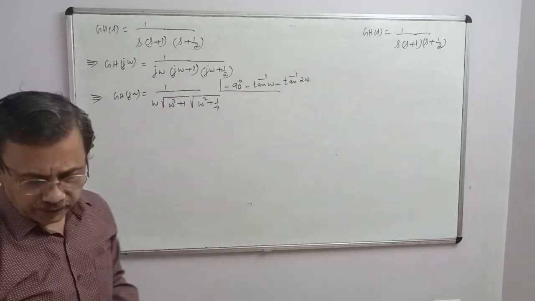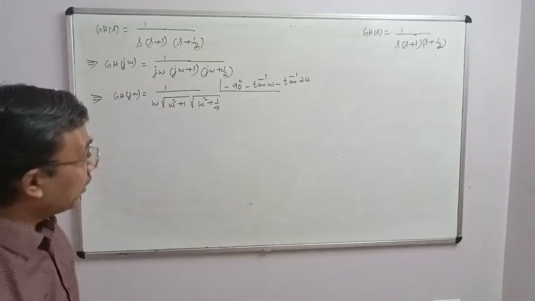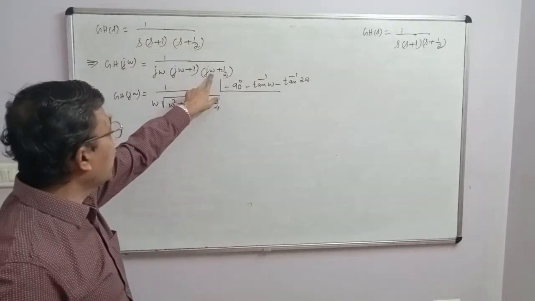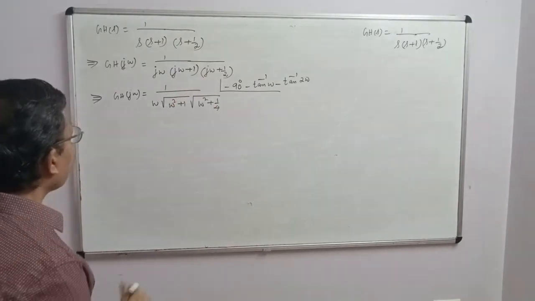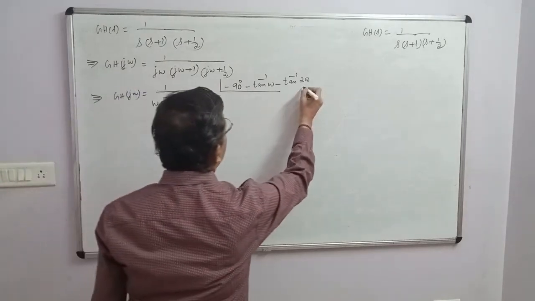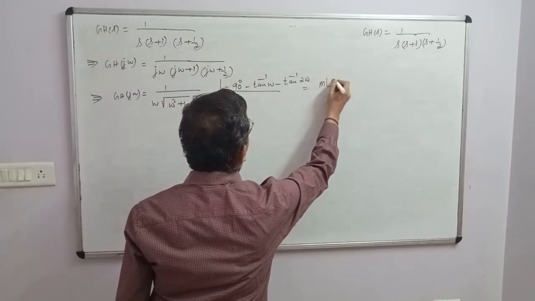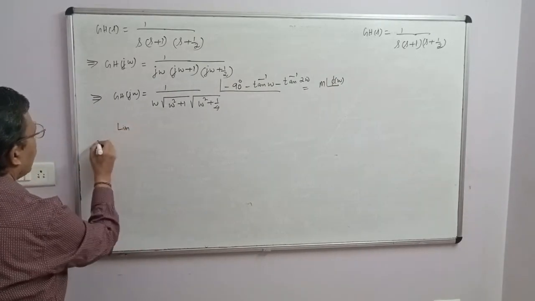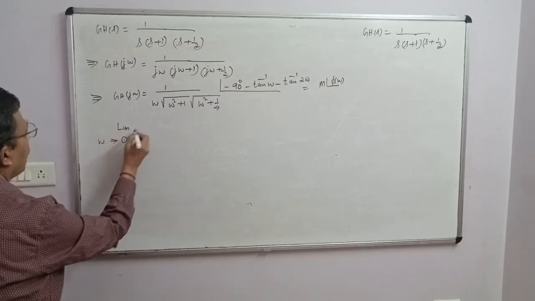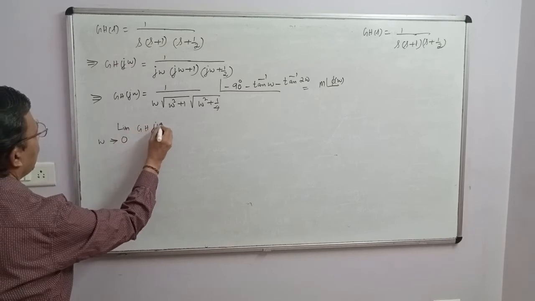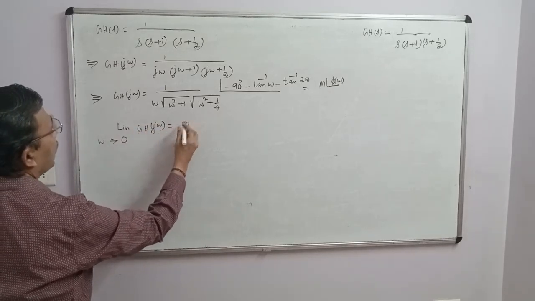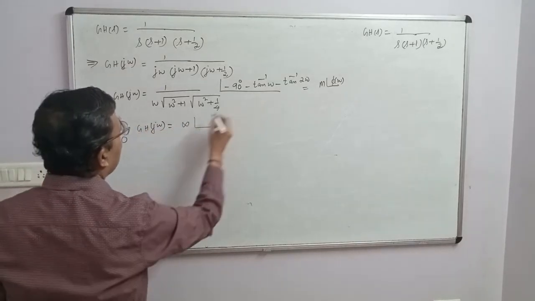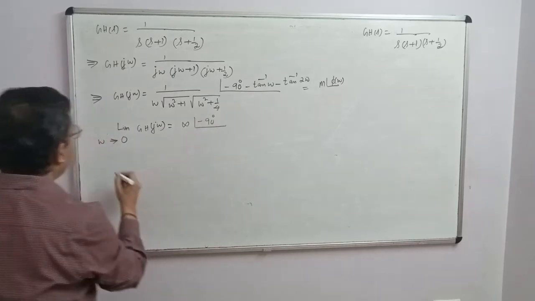Imaginary part divided by real part: imaginary part is omega, real part is half. This is like M at an angle phi of omega. Limit omega tending to 0 on GH of j omega is 1 divided by 0, which is infinity, tan inverse of 0 is 0, so the angle is minus 90 degrees.